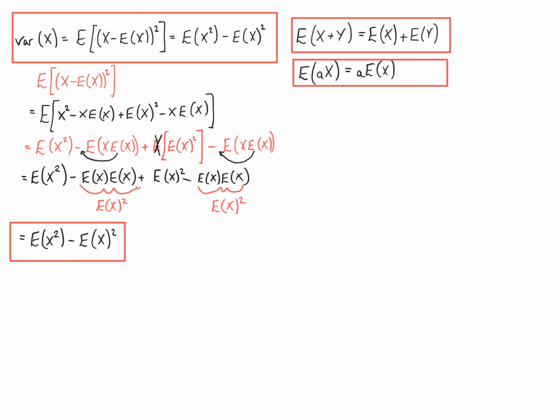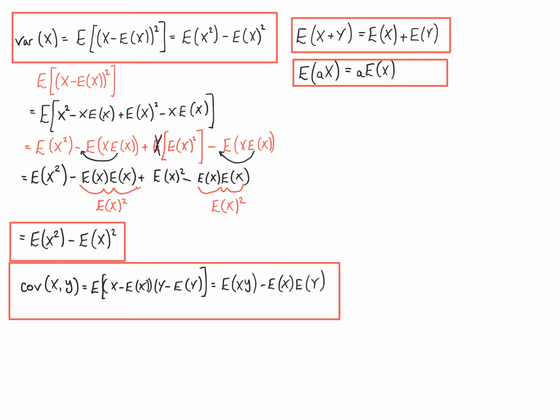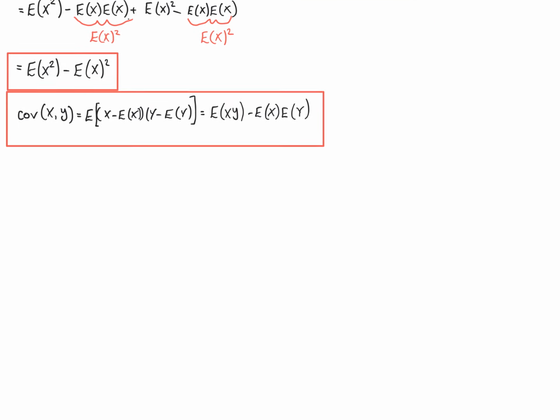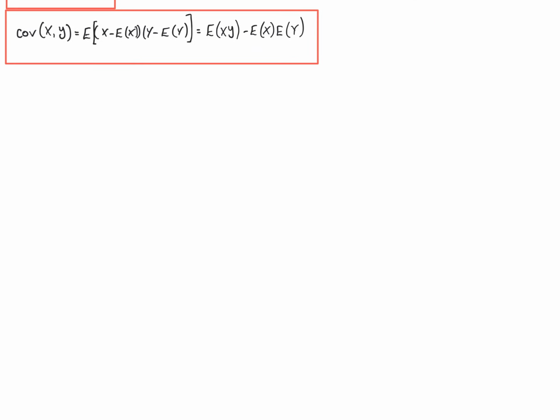Now, linked to this, we might also be interested in analysing the covariance between x and y. We're going to use exactly the same methodology as before, and begin by multiplying out the brackets inside the initial expectation.